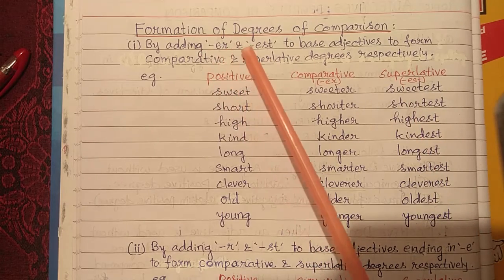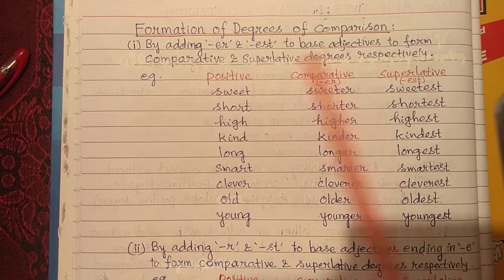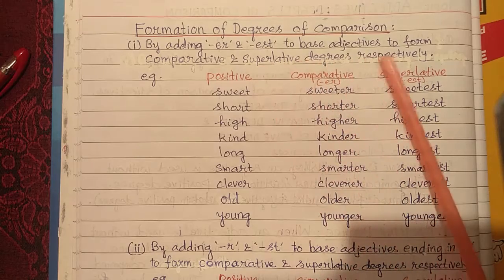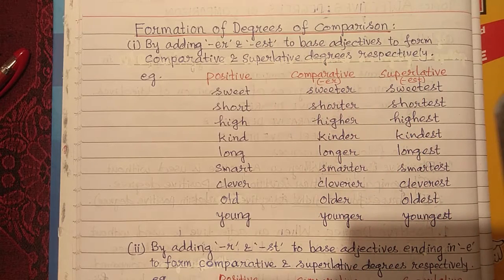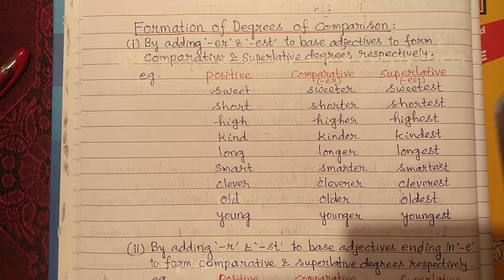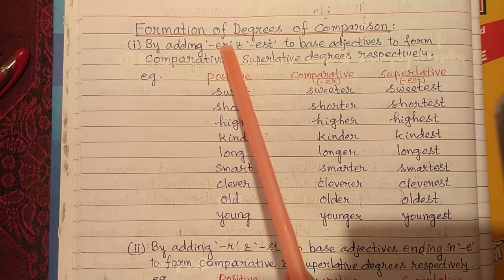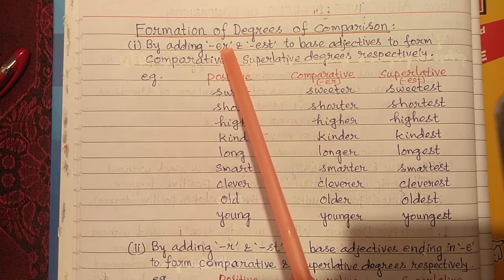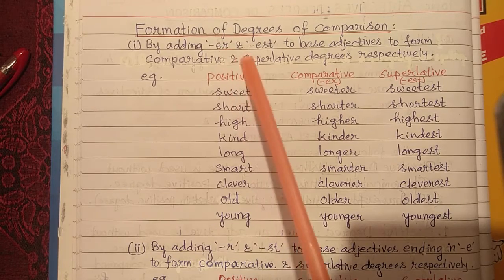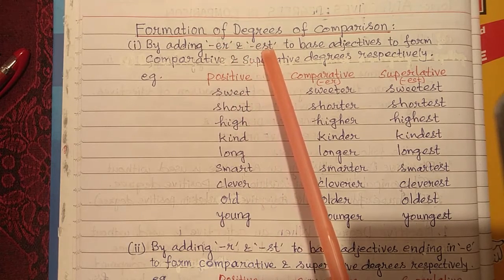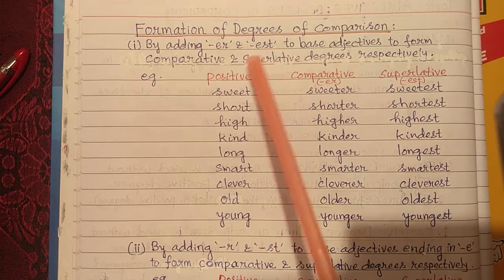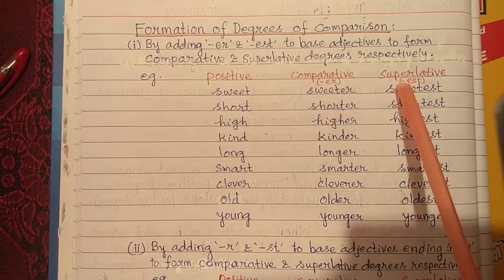By adding er and est to base adjectives to form comparative and superlative degrees respectively. So the first rule says to form the comparative degree, we add er to the base adjective, and to form the superlative degree, we add est to the base adjective and form the comparative and superlative degrees respectively.